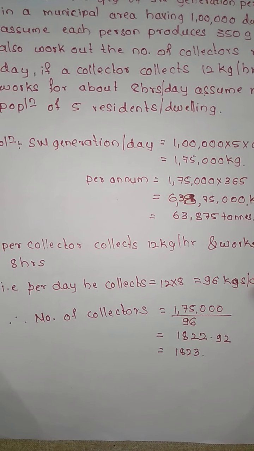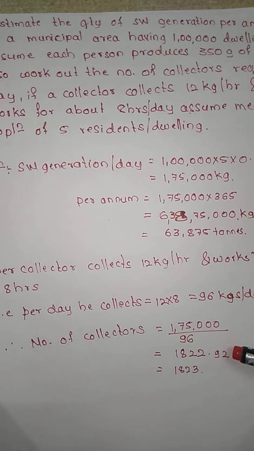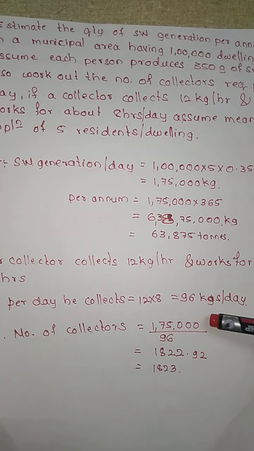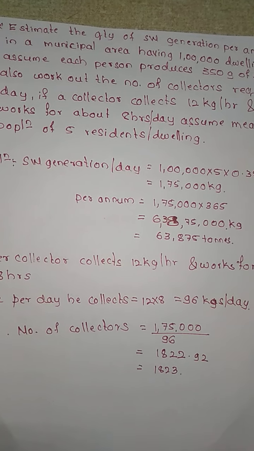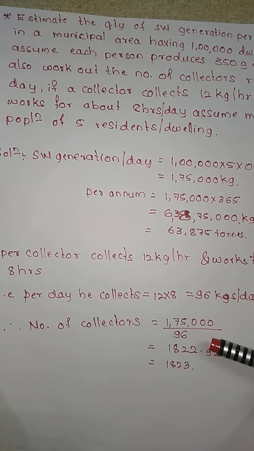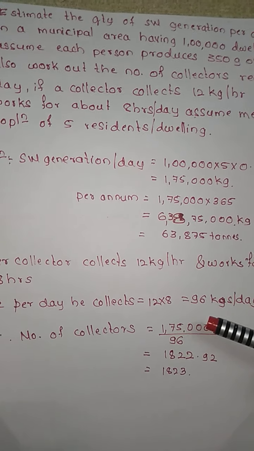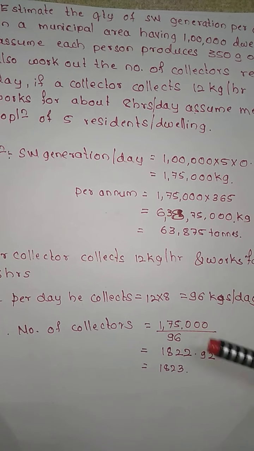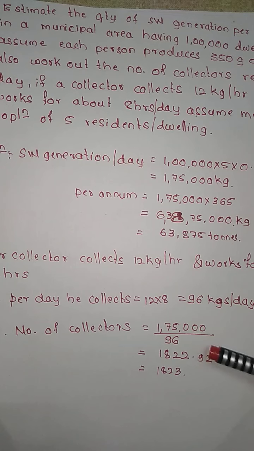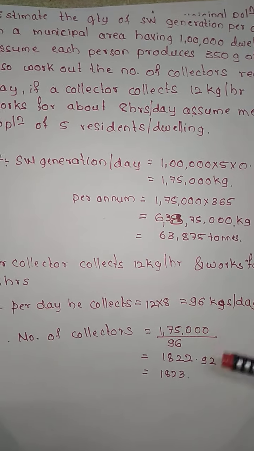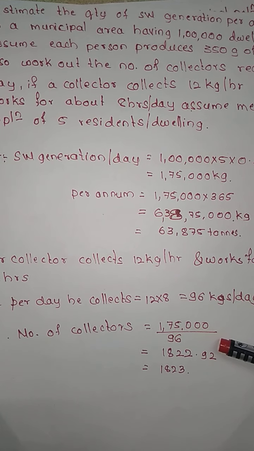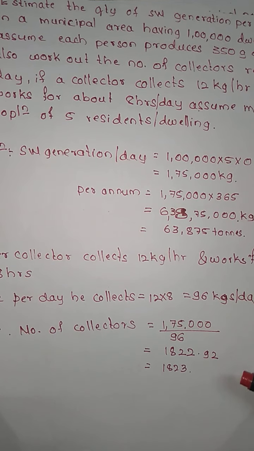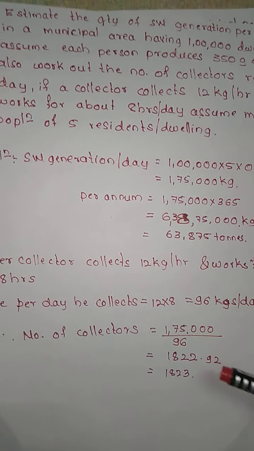So in order to collect 1,75,000 kg of waste, with each person collecting 96 kg per day, we divide the waste generation by each person's collection capacity. 1,75,000 divided by 96 gives 1822.92.